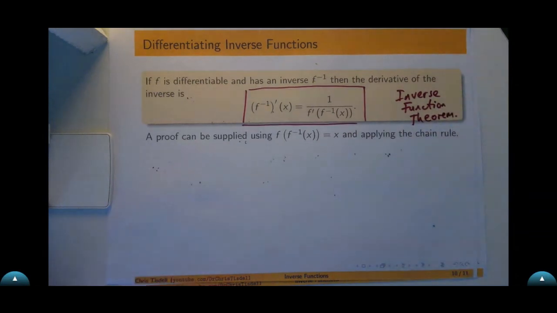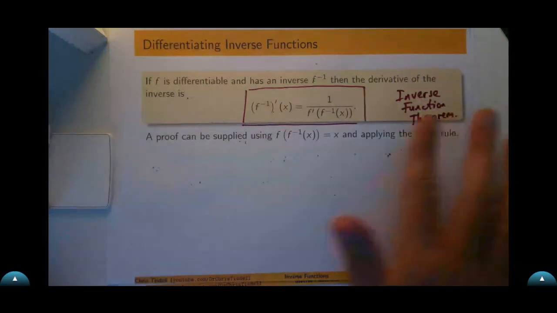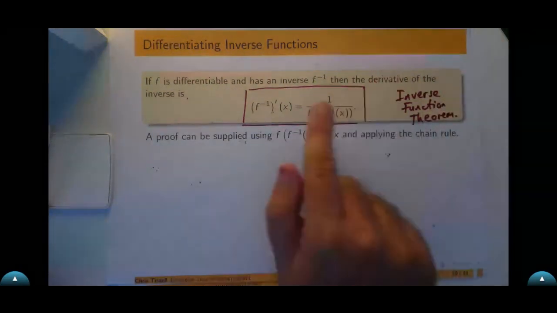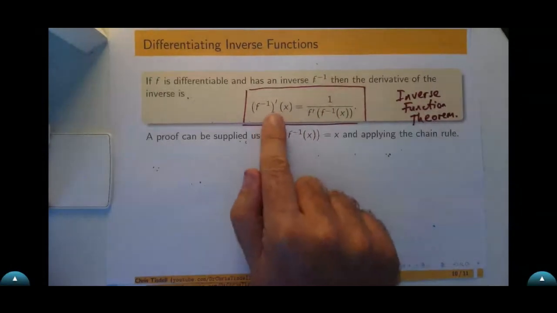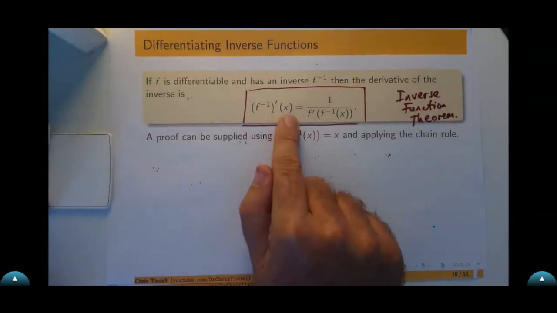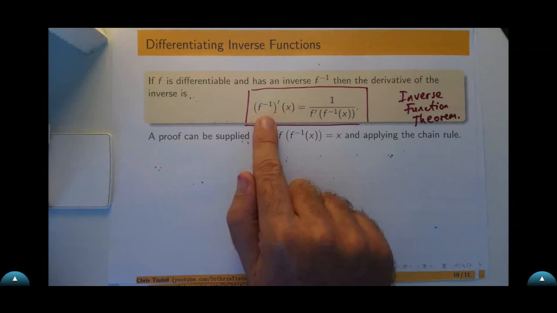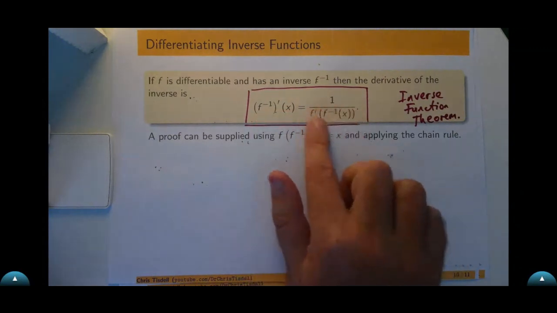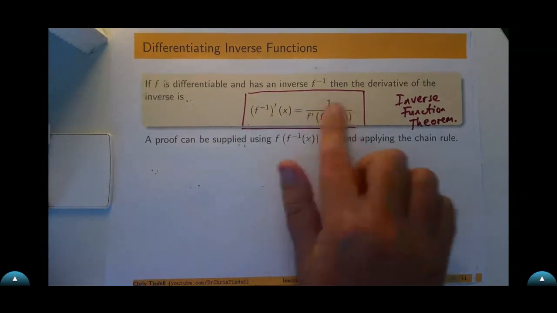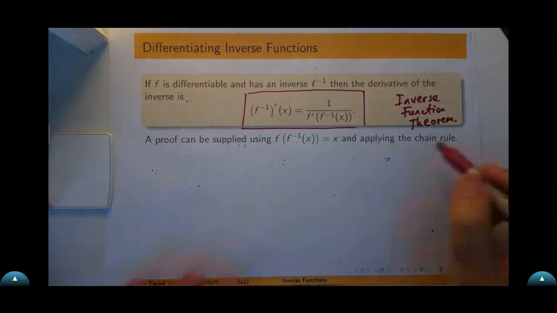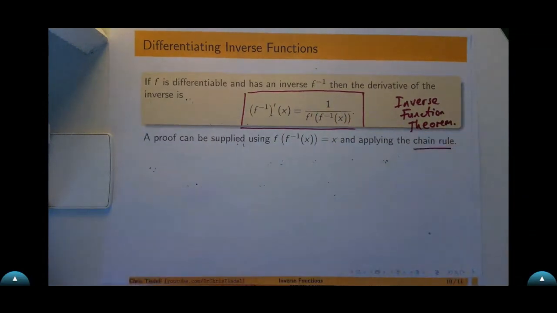Okay, the inverse function theorem. What the inverse function theorem allows you to say is that, well, suppose I want to differentiate the inverse. If I can't find it, how can I do that? Well, you can use this formula, okay, and you can prove it by using the chain rule.